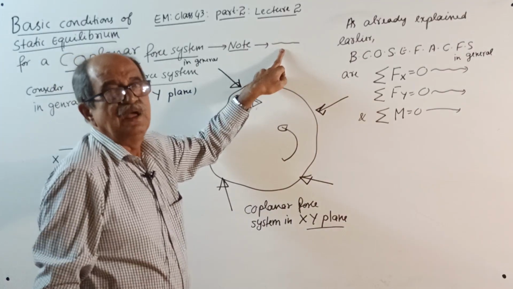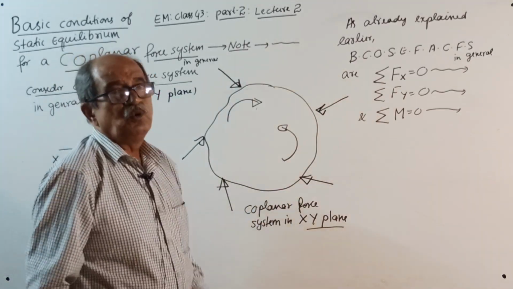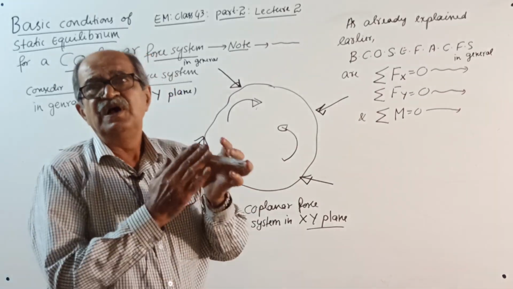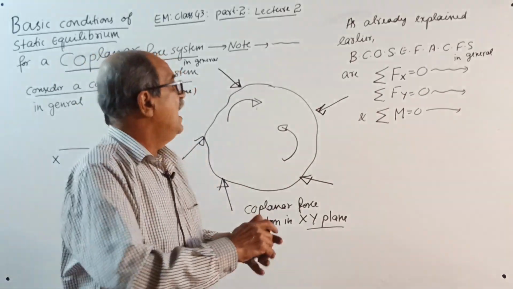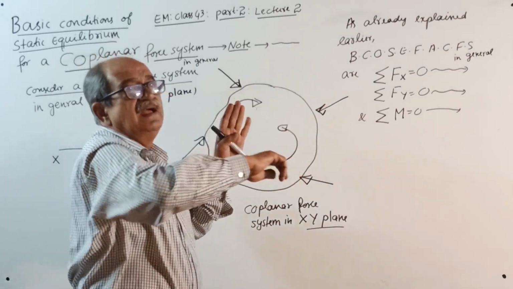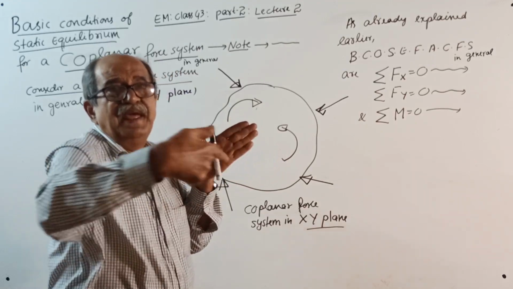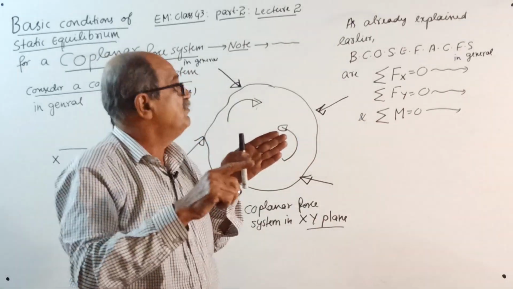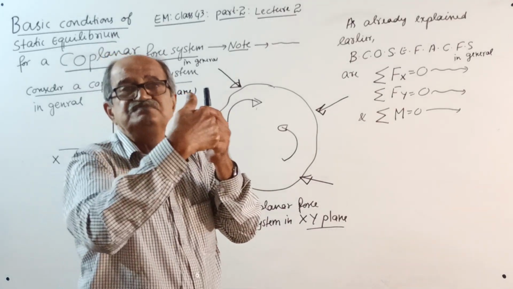Note, already explained earlier. Coplanar means the lines of action of all the forces will lie in one plane, and if any couples are there, they will be about an axis perpendicular to the plane. But what we consider is moment about a particular point.